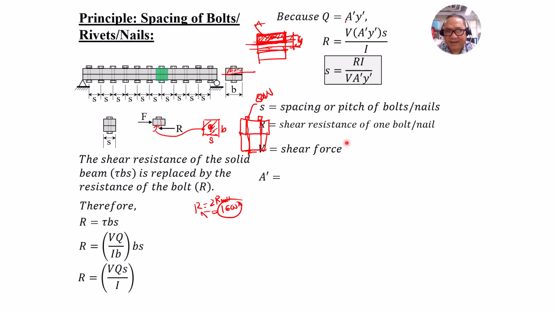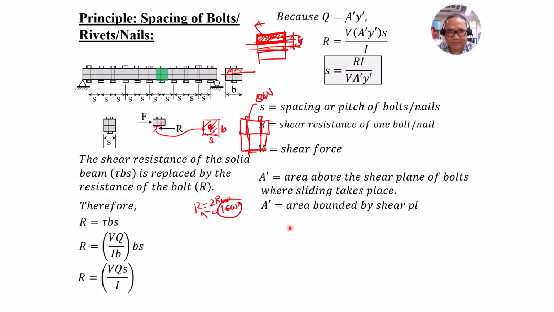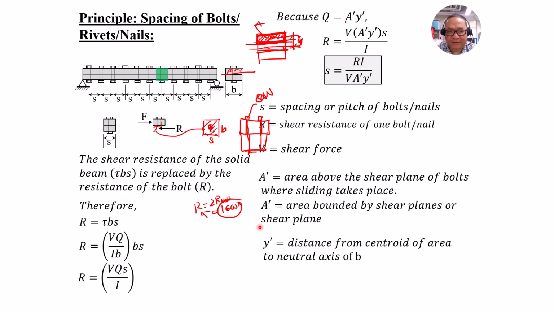Then area prime is the area above the shear plane of bolts where sliding takes place, and it is also the area bounded by the shear plane. Then Y prime is the distance from the centroid of the area to the neutral axis of the section.